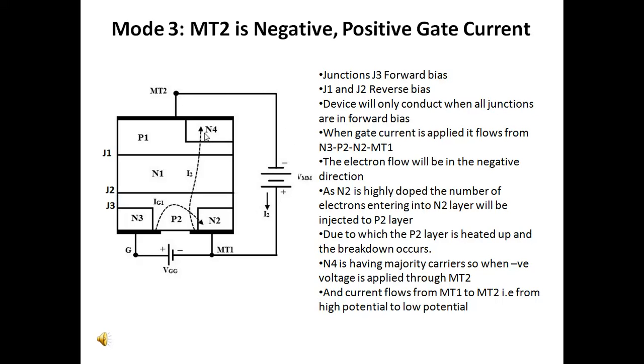So when a negative voltage is applied through MT2, at that particular time, whatever number of electrons are entering from N4 to P1 makes it a breakdown, due to which P1 will be heated up and the breakdown occurs, and P1 and N1 will be forward biased and the current flows from MT1 to MT2, that is from high potential to low potential.